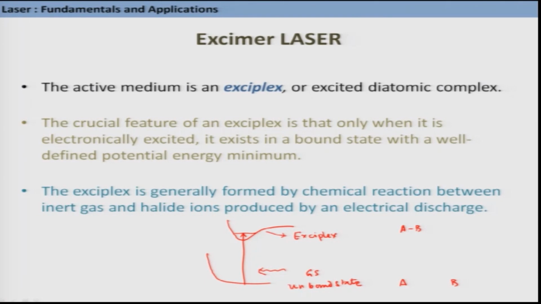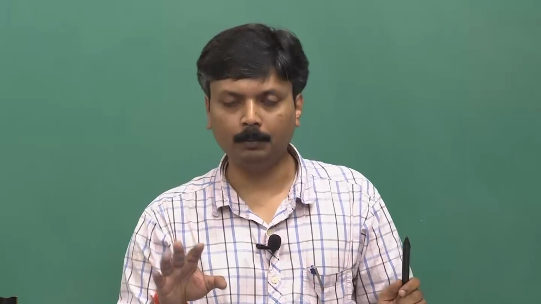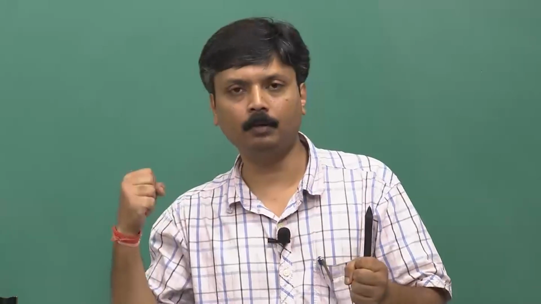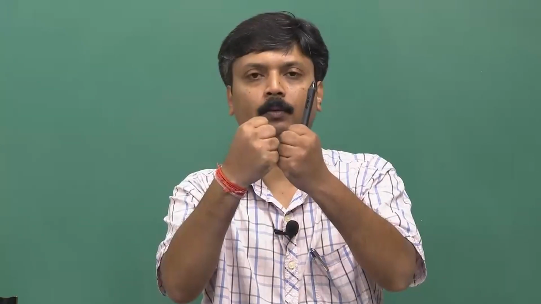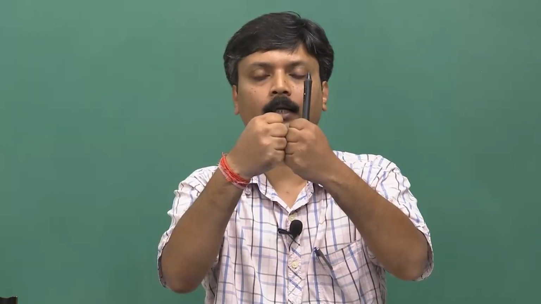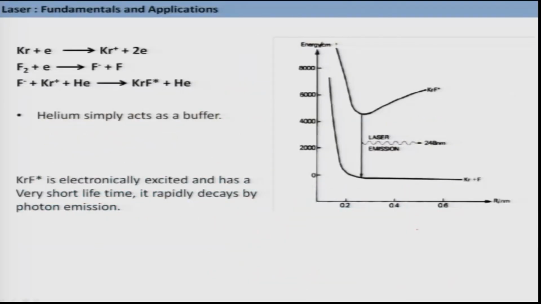How can this exciplex be formed? Exciplex can be formed by giving electrical discharge. Suppose I have two different gases and I apply electrical discharge, then these two molecules will be excited and form a complex, and that is my exciplex. So let's look at this problem a little bit in detail, taking an example of a system comprising krypton and fluorine.